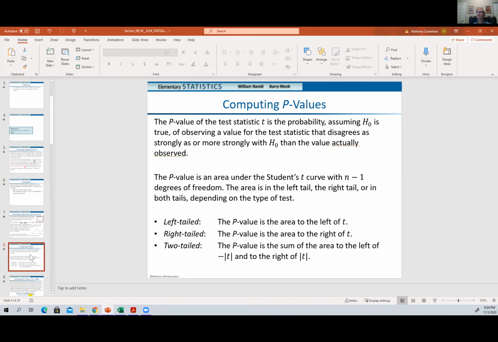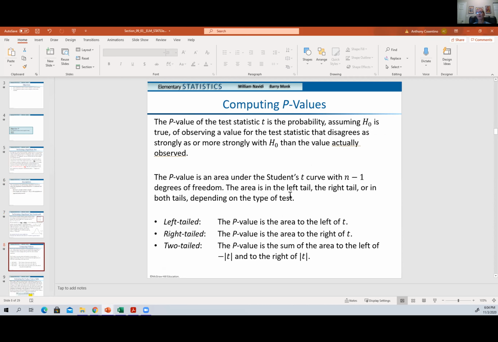And then the other things that we want to take care of, again, remember that the degrees of freedom is n-1, and these right tail, left tail, two-tail tests. Same thing as before.